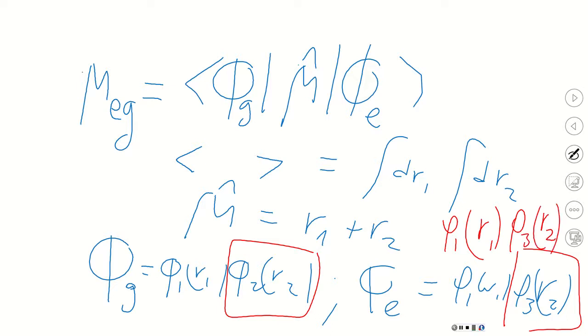And the angular brackets, when we do bra-ket, correspond to integration over position of first and second electron, right? No objections. So we are going just from Dirac notation to regular integration.